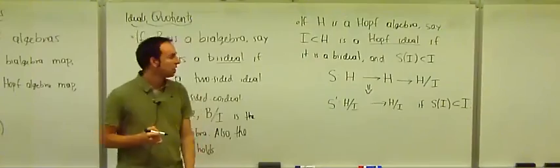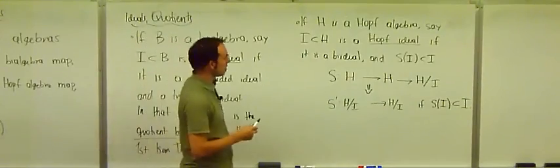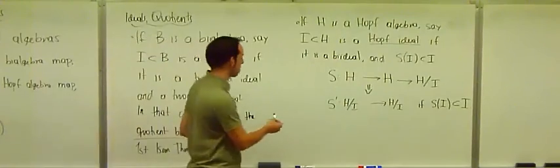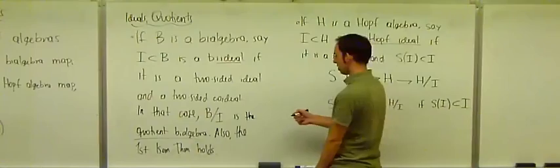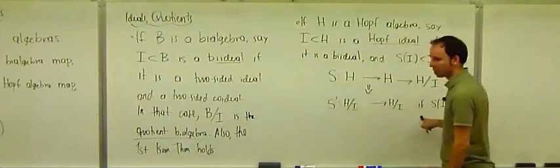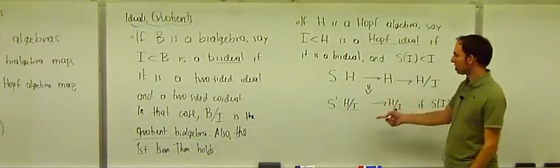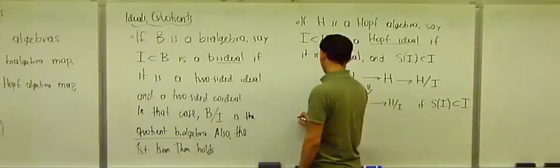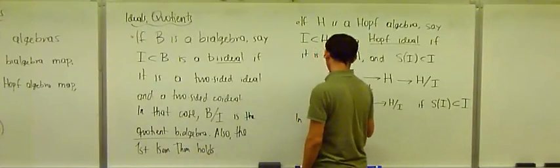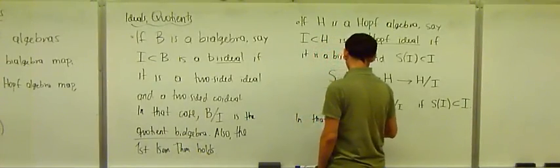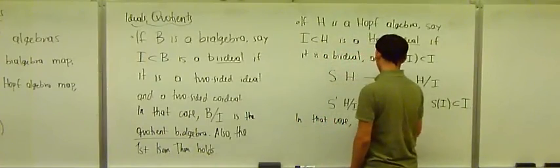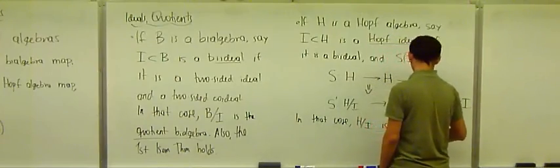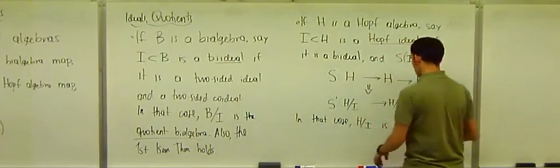If you have this, then, well, we have a quotient Bialgebra, and this is going to be our antipode for that, and it's going to be compatible because all of that is going to be inherited from the original Hopf algebra. So again, in that case, H mod I is a Hopf algebra, the quotient Hopf algebra.